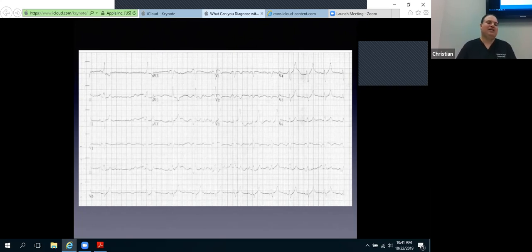This is not unique to our hospital. This is a ubiquitous problem across all hospitals: during cardiac arrest, the diagnostic information that's obtained is usually done poorly. We usually don't do that.